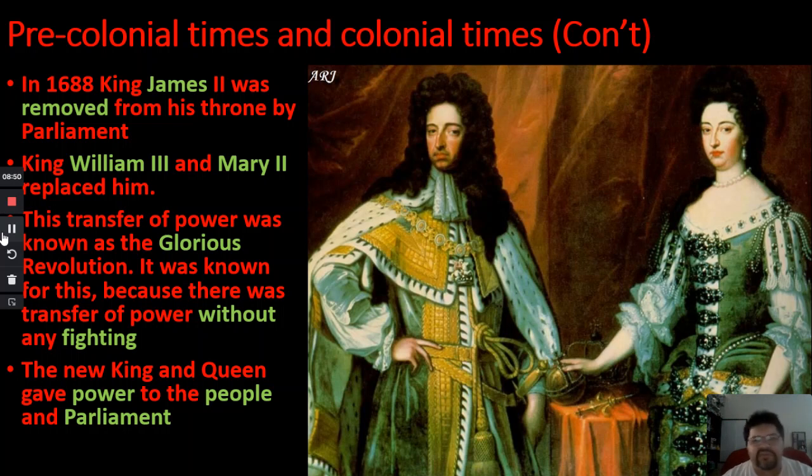Every type of revolution we've ever had in the history of the world, there's been some type of fighting, one way or another. Here, he basically just gave up power. Not all power, but a good chunk, just because he realized, hey, the tide is turning, and this is where, like I said, I think his uncle messed up, so I'm not going to make that mistake. Okay, so the new king and queen gave power to the people and Parliament.